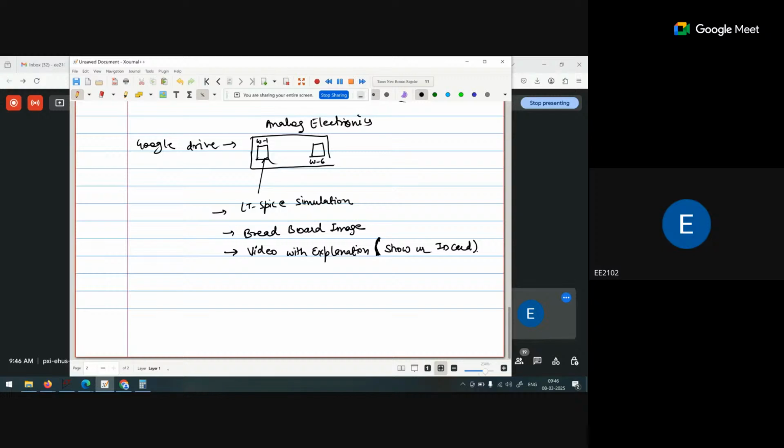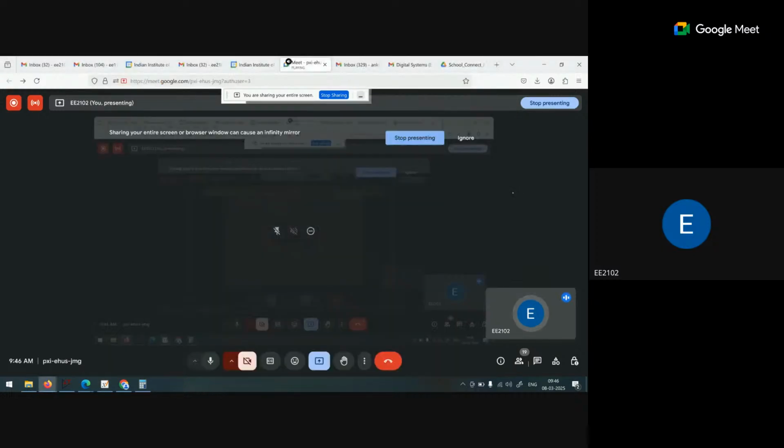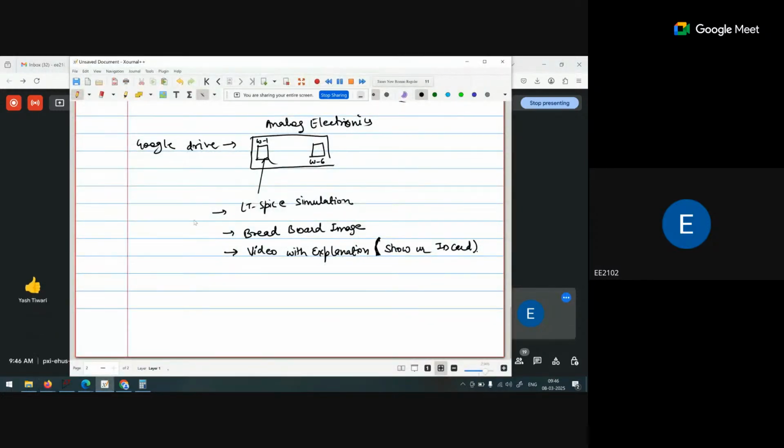Now in the Google Form, you paste the link of this folder. You just do the setting that anyone with the link can access. I think you are familiar with that.